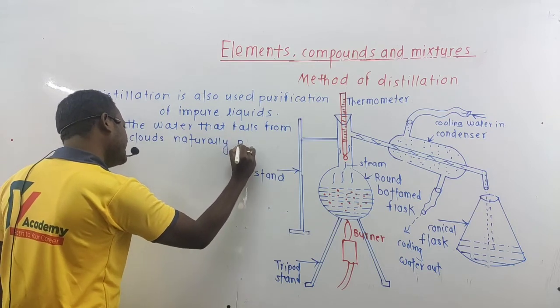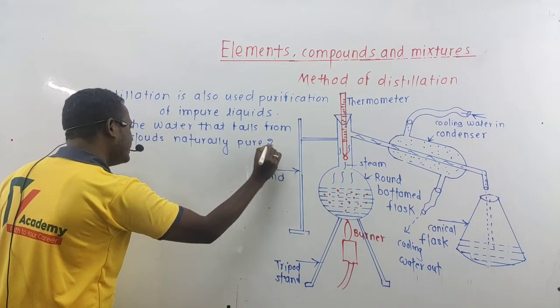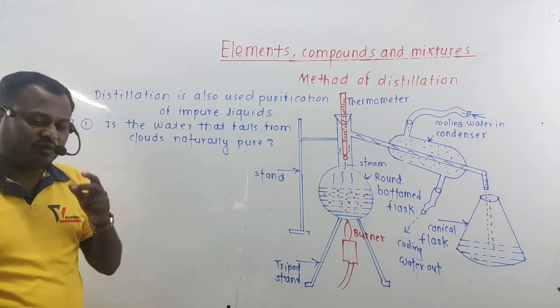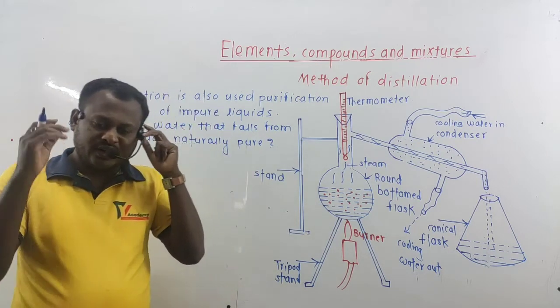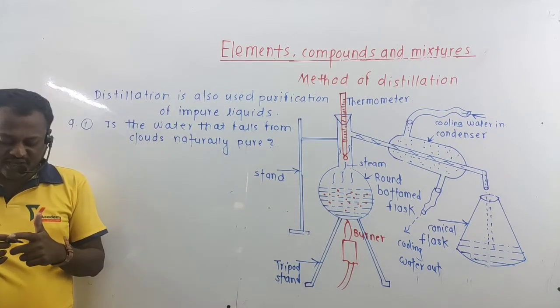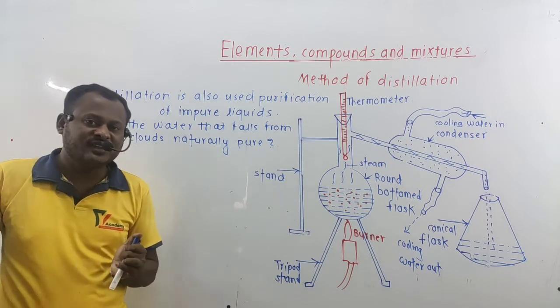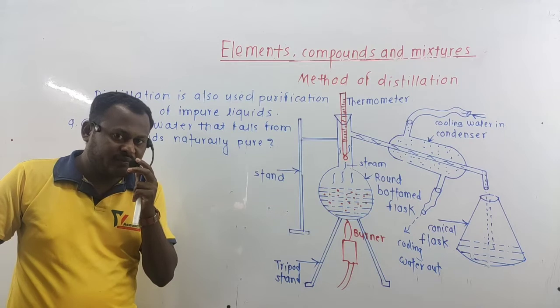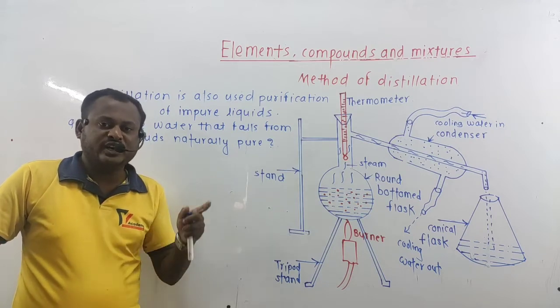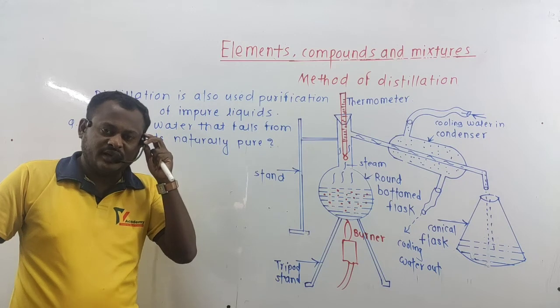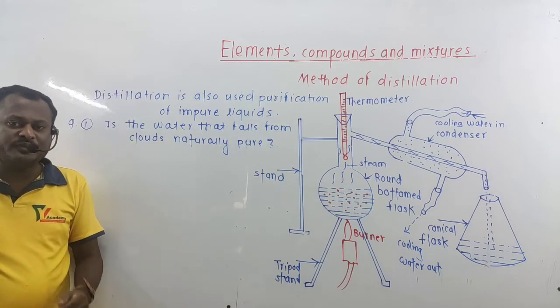Yes. As we know how the rainfall occurs, water from the sea, oceans, rivers gets evaporated due to the heat of the sun, and that water goes into the clouds in the form of steam.